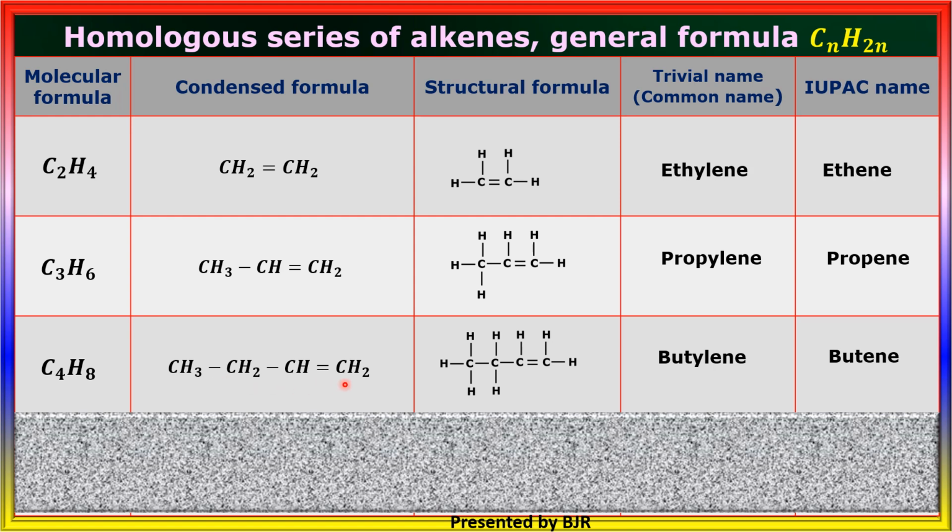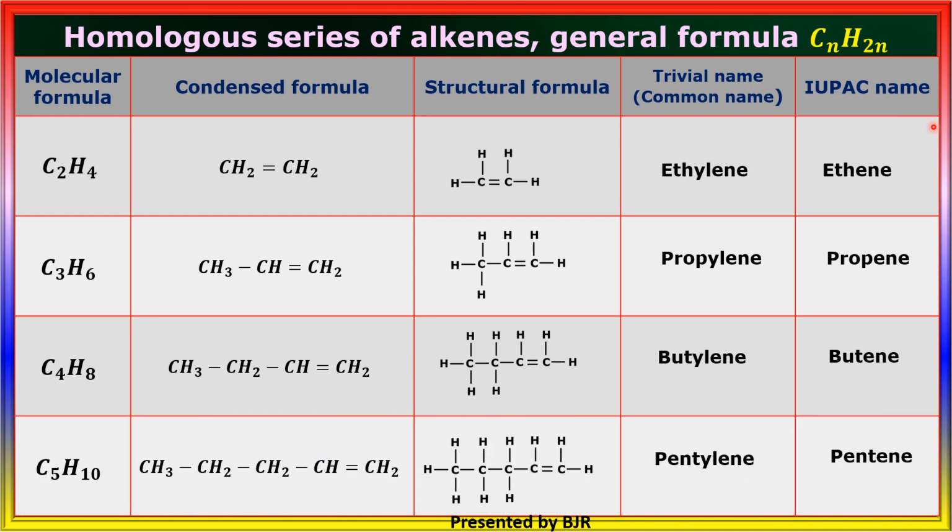Depending upon the position of the double bond, the IUPAC name of that compound is named. So we are going to discuss the IUPAC names later. So here the structural formula is this, and the trivial name of this molecule is butylene. IUPAC name is butene.